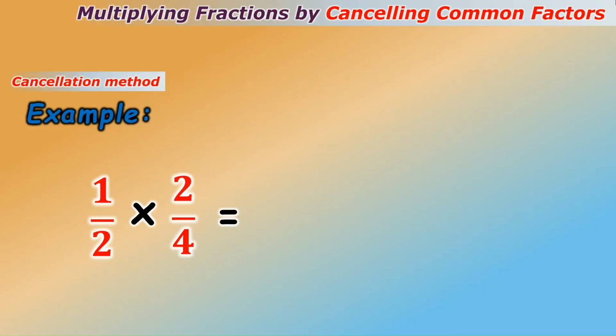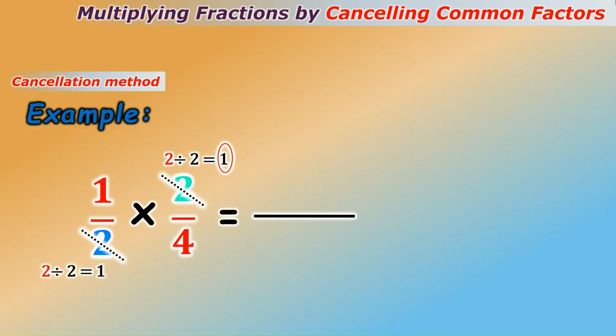Let's look at the first method. 1/2 times 2/4. We divide by 2 the numerator 2 and the denominator 2. These share a common factor of 2. So we cross out each number. 2 can be divided by 2 once. The same thing with the denominator 2. 2 can be divided by itself once.